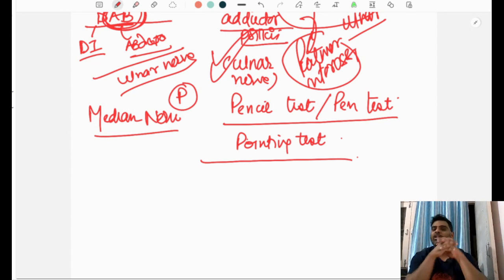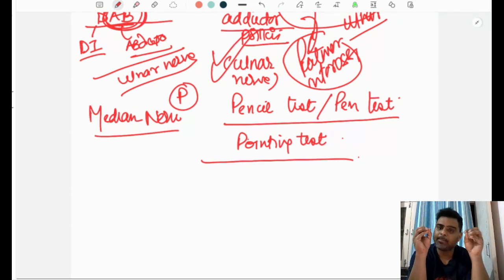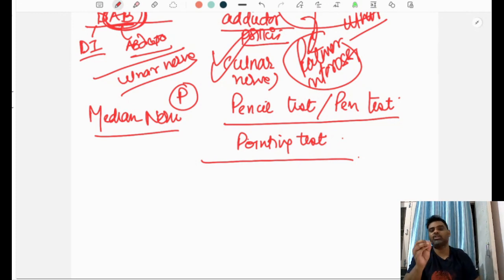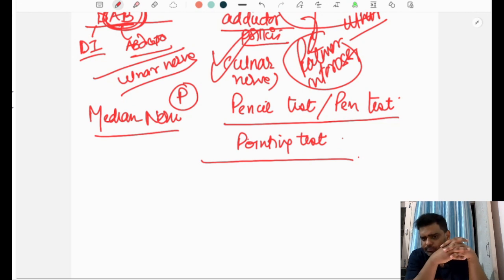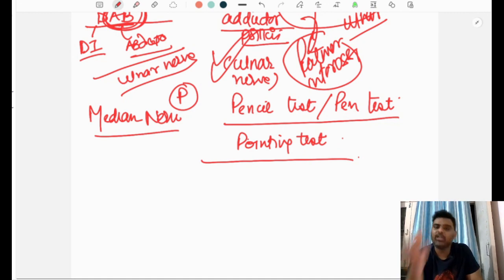Remember, whenever abductor pollicis longus comes up, you have to remember 3-4 points. First, inflammation of abductor pollicis longus along with extensor pollicis brevis is known as de Quervain tenosynovitis. Second, abductor pollicis longus is supplied by the radial nerve.